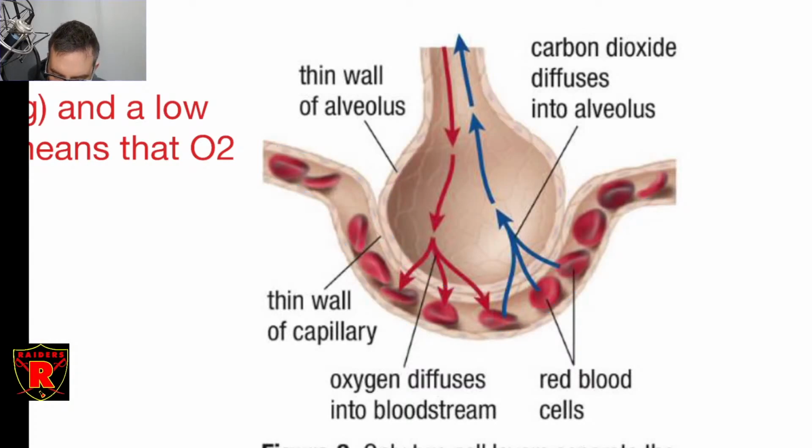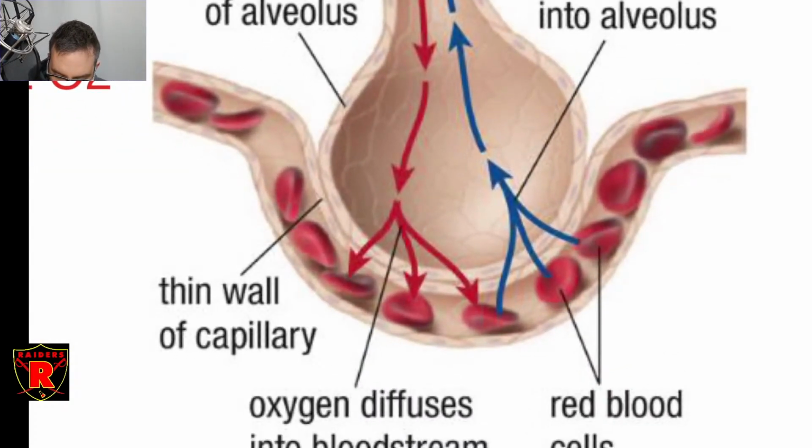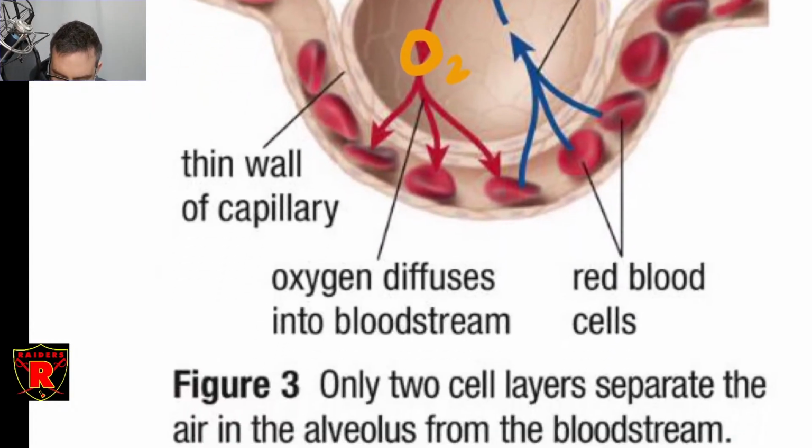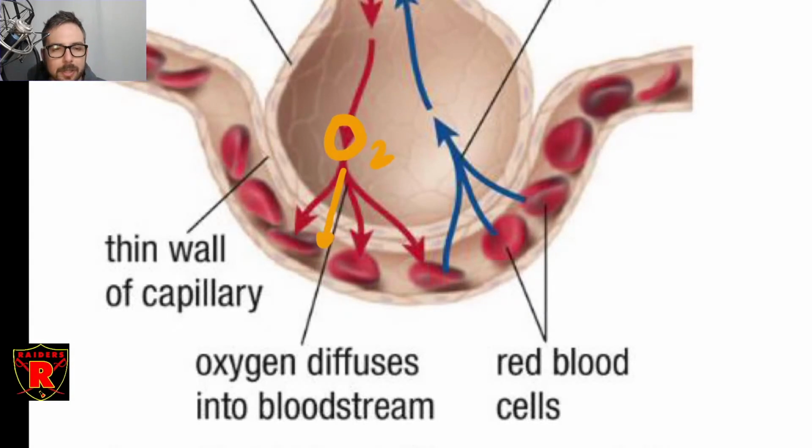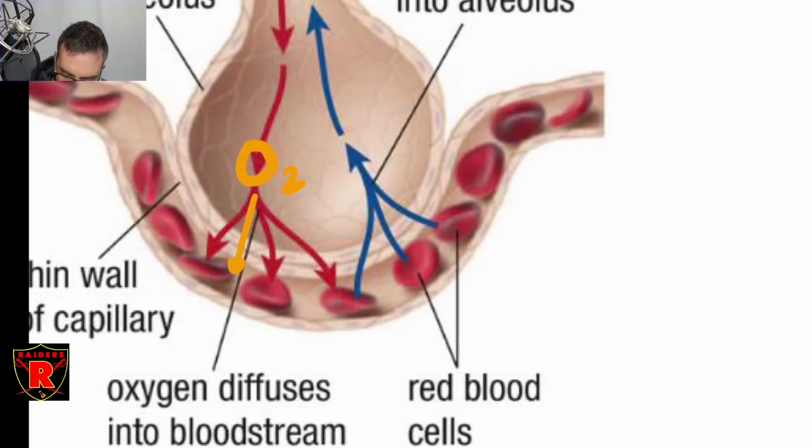So what we want is to move O2 from the alveoli into the blood. We want to pump oxygen into the blood so that we can transport it around, right? And we want to do the exact opposite with CO2.